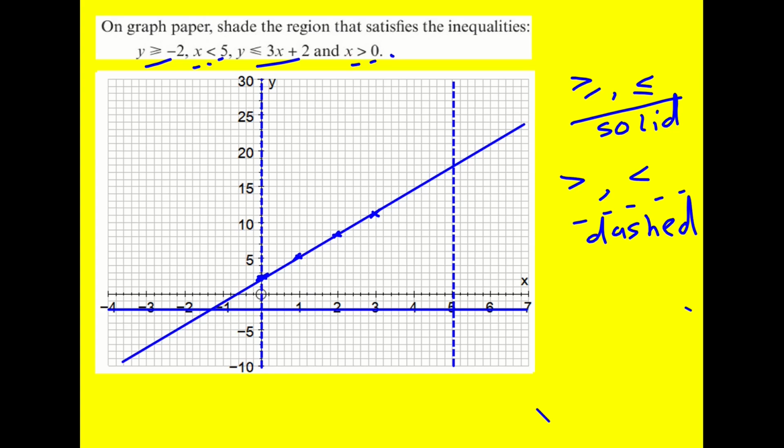So all that's left is to think about where the region actually is. So y is greater or equal to -2. That means it's going to be above this line. x is less than 5, so it's going to be to the left of this line.